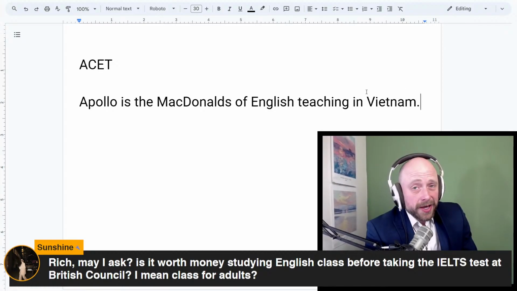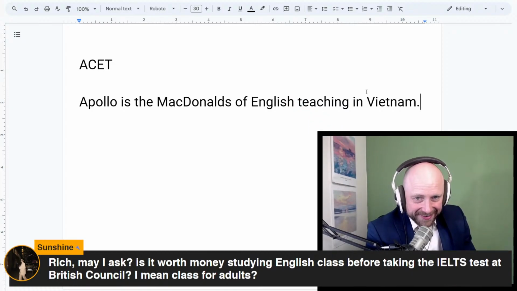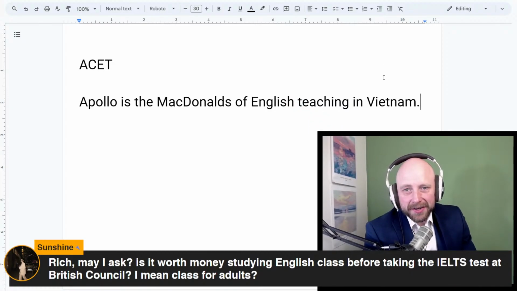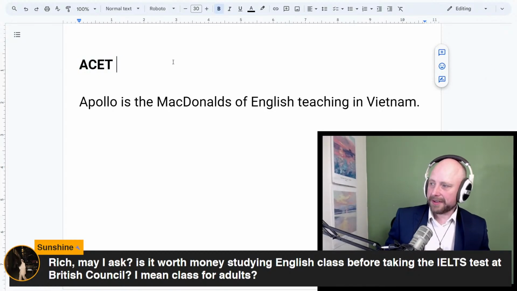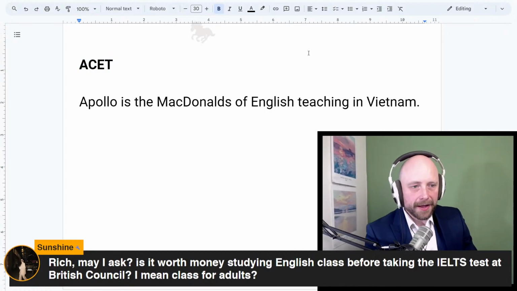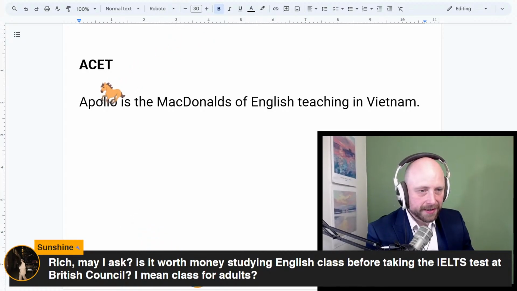You can get a good burger sometimes, that's for sure. And I have colleagues who worked with Apollo at the start of their career, but they are the McDonald's of English teaching. ASET can be good. Check out ASET. British Council, okay.